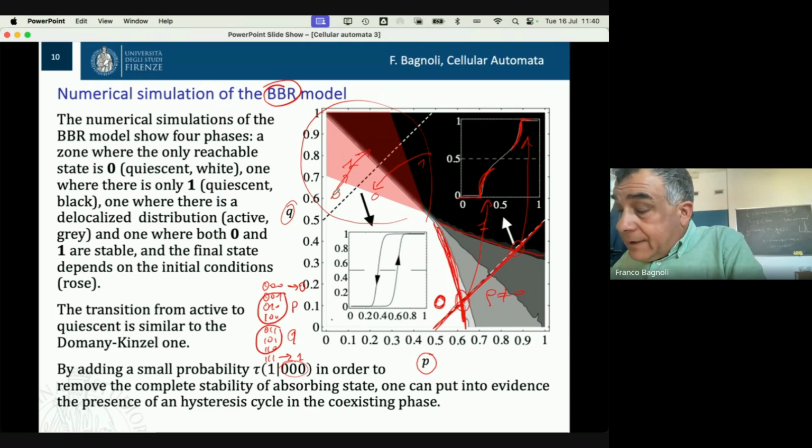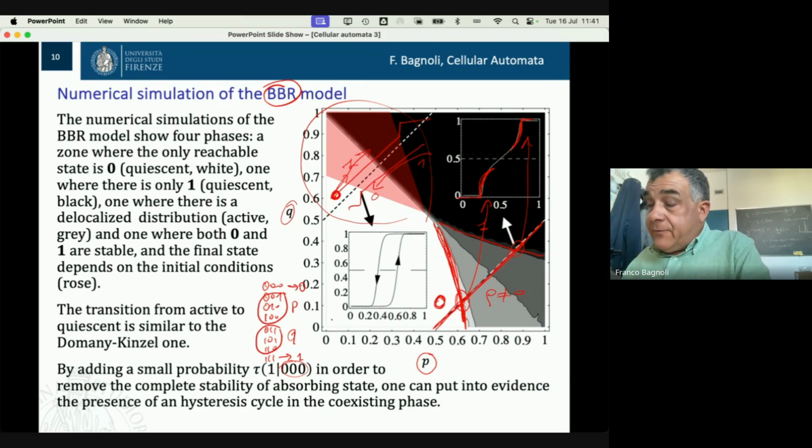Clearly, normally the transition is that you start in 0, you stay in 0 until you arrive here, and then suddenly you go to 1, or you go to 1 and you stay in 1 until you arrive here, and suddenly go to 0.